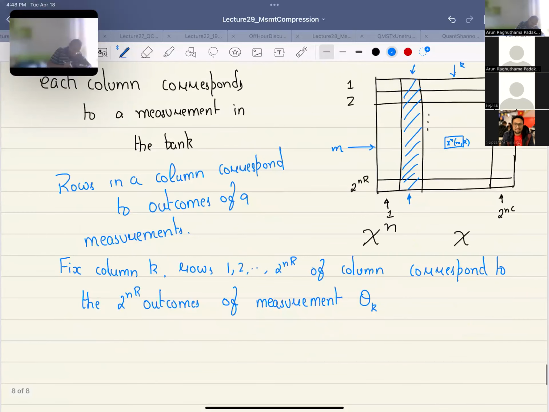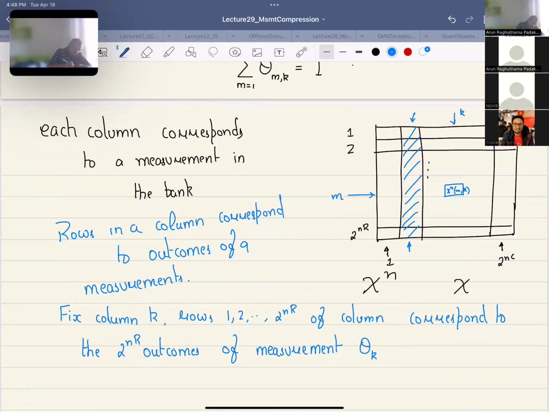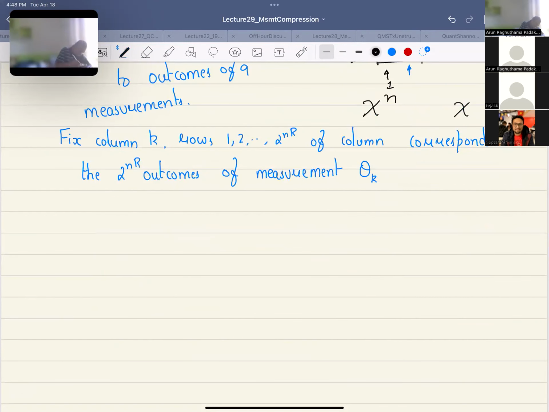So essentially this is a table whose entries are all elements from xn, and the m comma k entry is denoted xn of m comma k. So entries of the table are elements from xn.